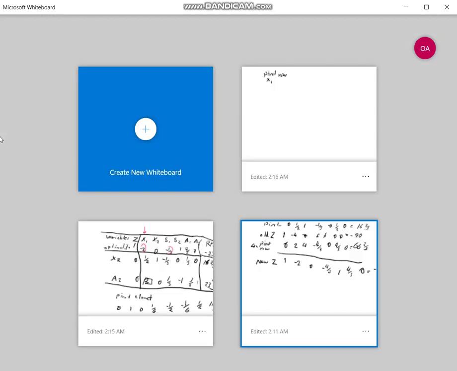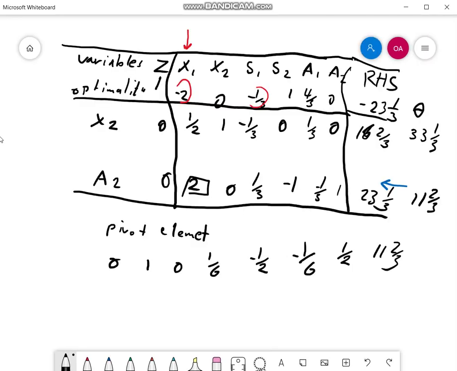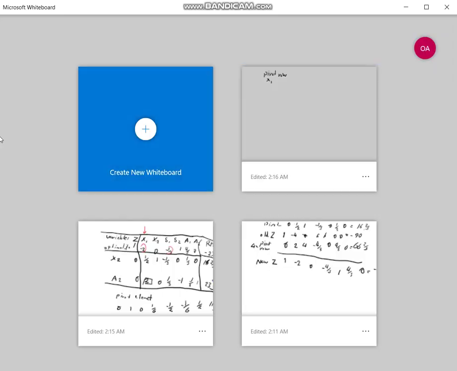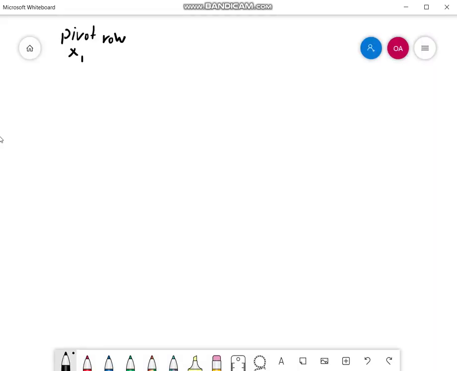Now let's rewrite it again. So it's 0, 1, 1 over 6, minus half, minus 1 over 6 and half and equals 11, 2 over 3.